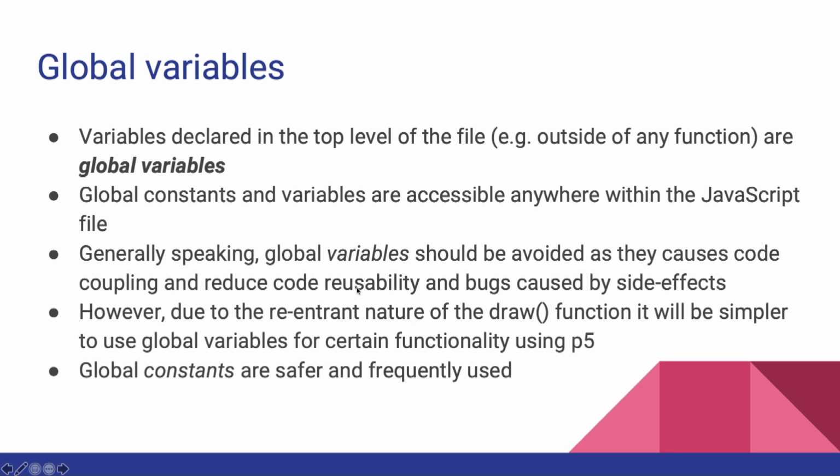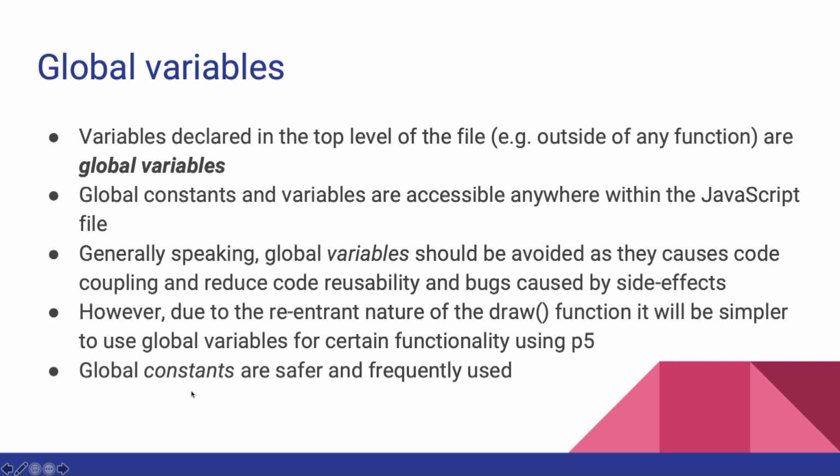Now, there is a downside to these global variables, but on the other hand, they're sometimes the only way to do something, so that's why they're in the language at all. Okay, so especially when you want to do animation, we will need our global variables to hang around between function calls, preserving the value they have, and that means we must have some global variables when we want to do animation in P5.